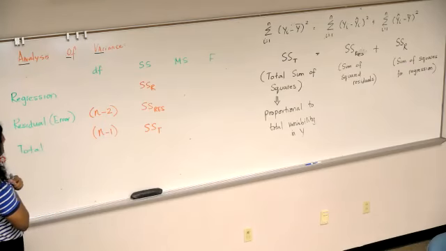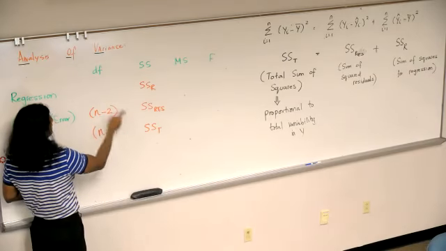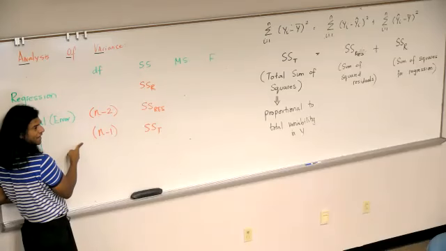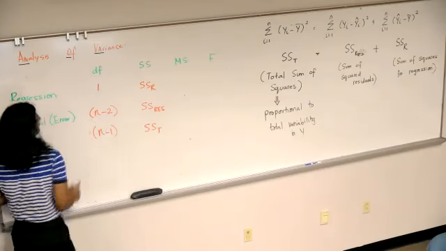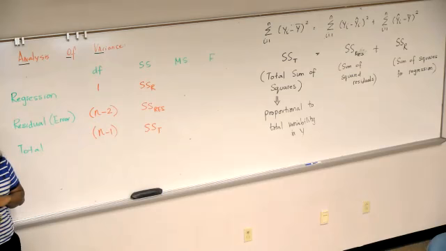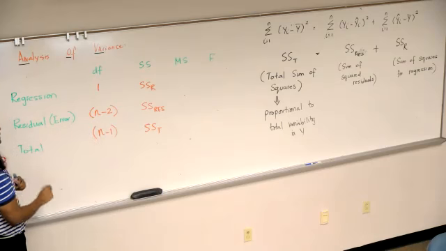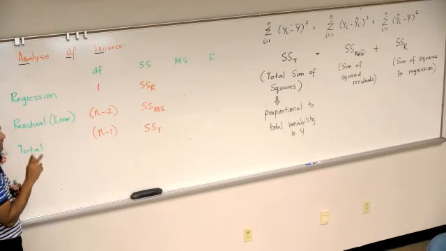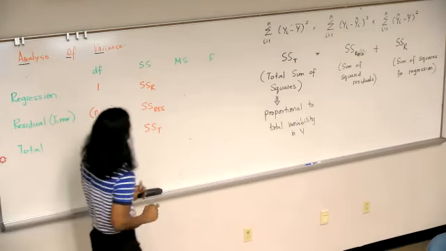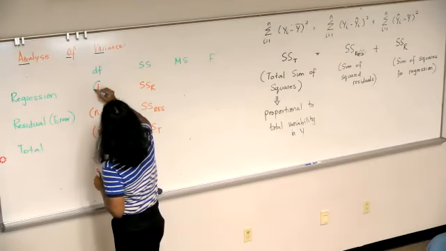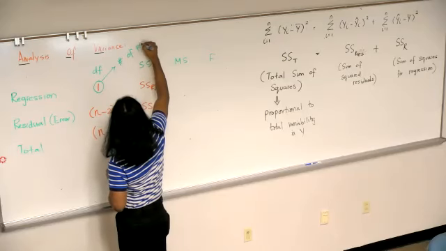Good. If I add those 2, I should get n minus 1. So what should I get back? 1. Good. Lovely. So we will generalize this to a multiple regression model in chapter 3. But I will put a note here so that you can connect later on. That would correspond to the number of predictors.